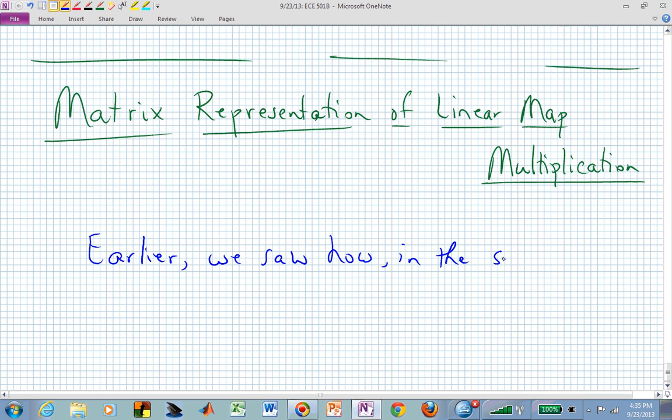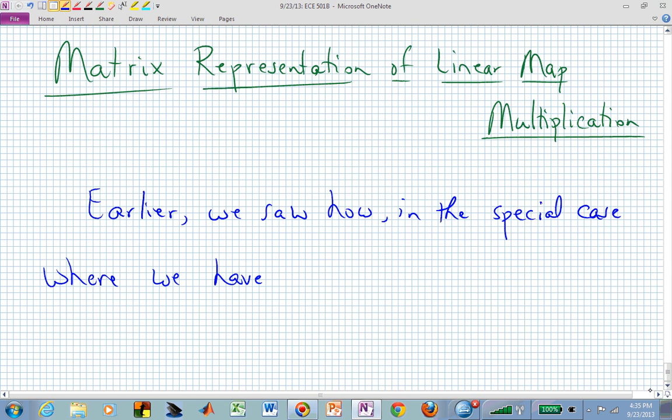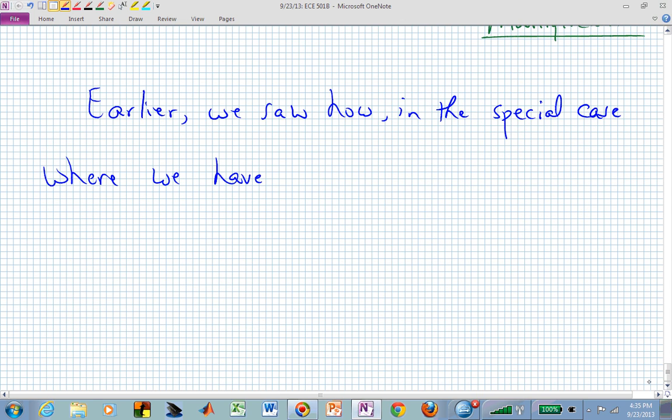Earlier we saw this in the special case, and the reason it's special is because we need the output space of one to be compatible with the input space of the second map.